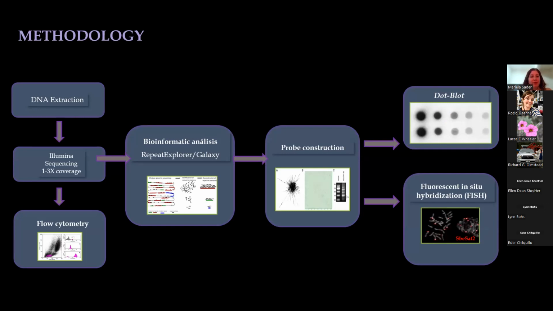We prepared the DNA extractions for Illumina sequencing, and the genome size was estimated by flow cytometry. Bioinformatic analysis was performed in the RepeatExplorer pipeline. And then we prepared probes for quantification using dot plot and for FISH experiments.